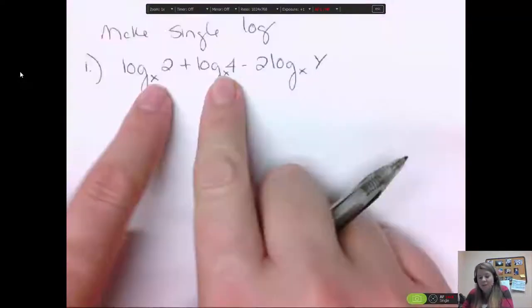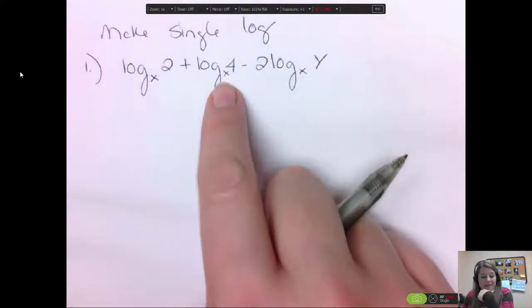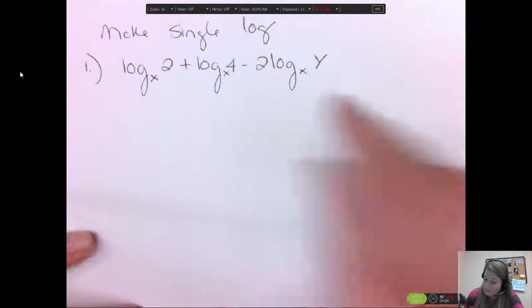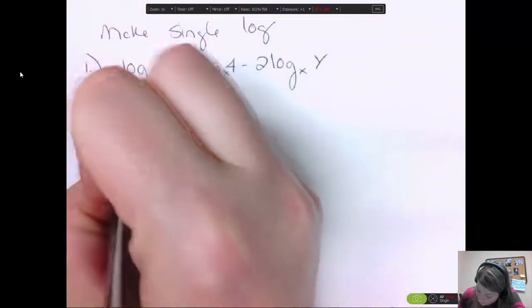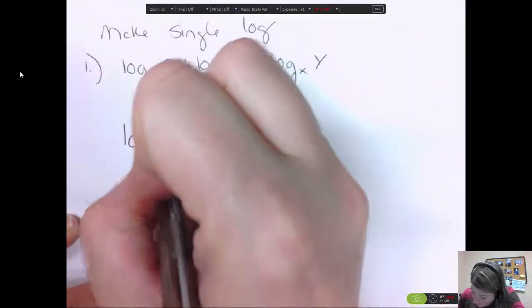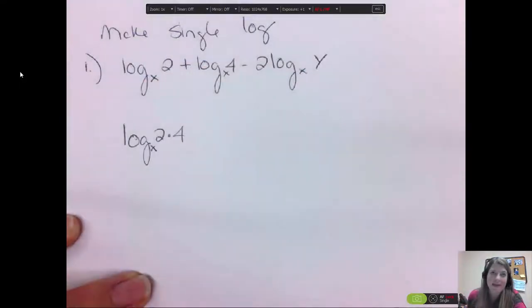So these two are going to be times, and they will become the numerator, and then this one is going to be a division. Okay, so let's write that out. We'd have log base x, sorry, not the x.